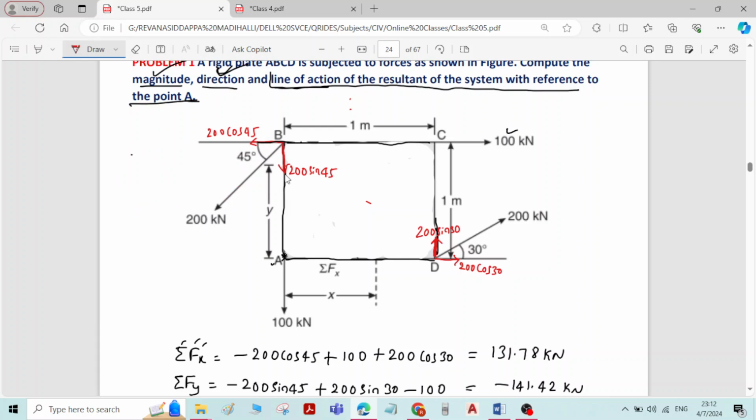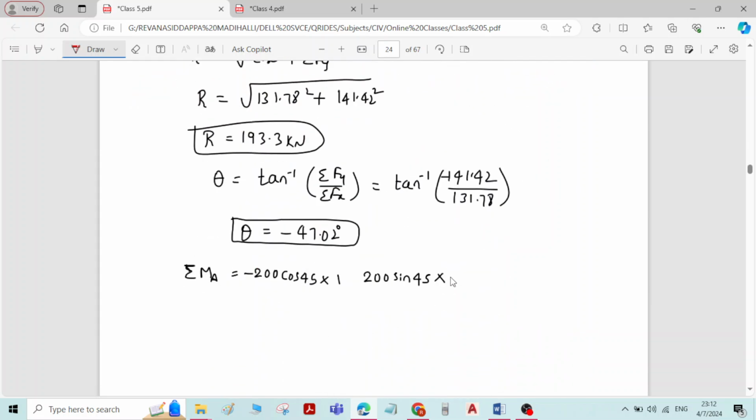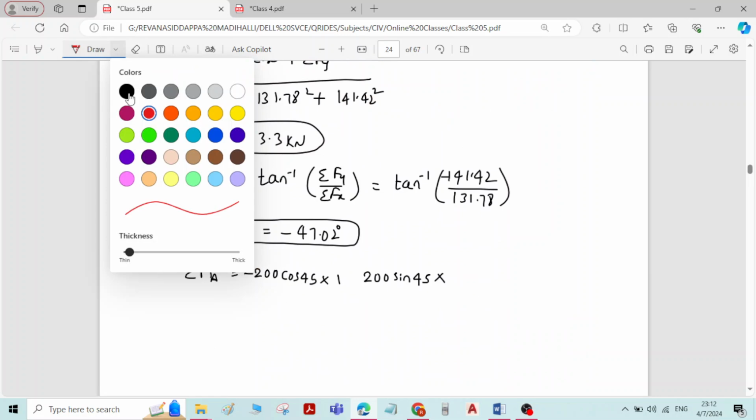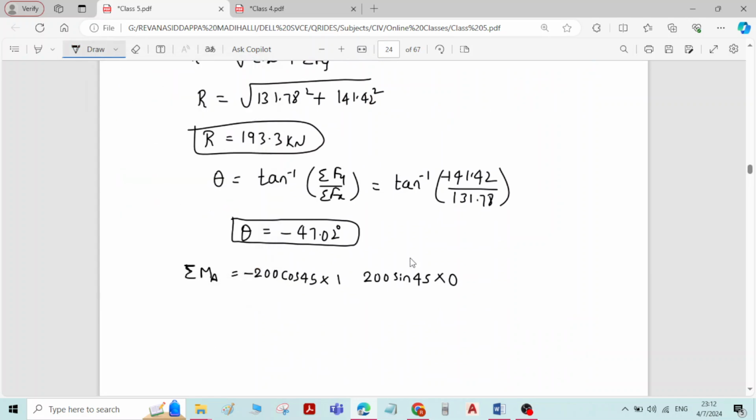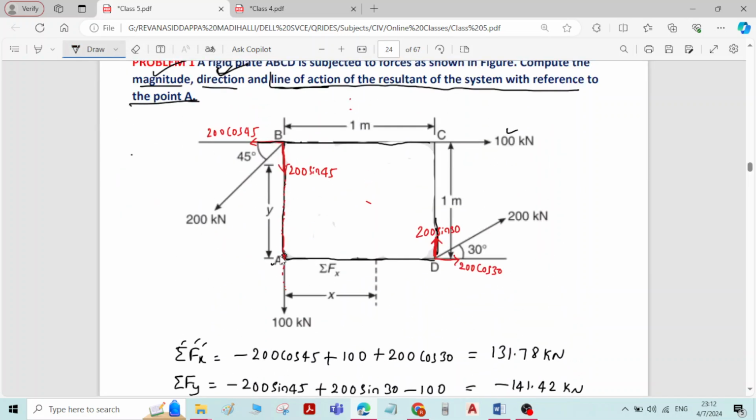See, this is the line of action of the force, correct? So the point lies in the line of action of the force. There is no distance of point A from the line of action. So distance is 0. When the point lies in the line of action, distance becomes 0.